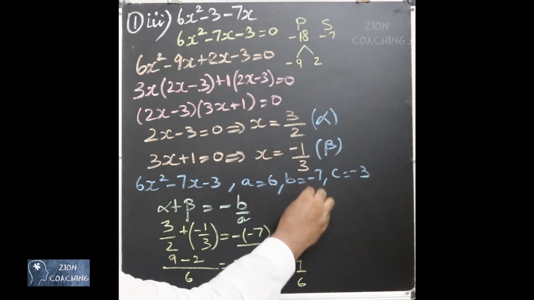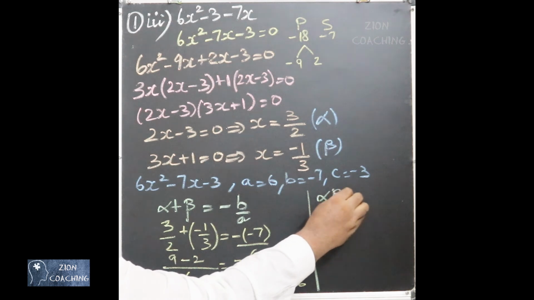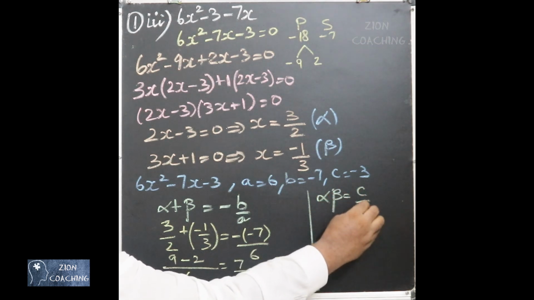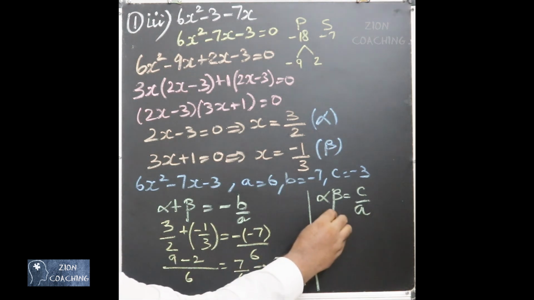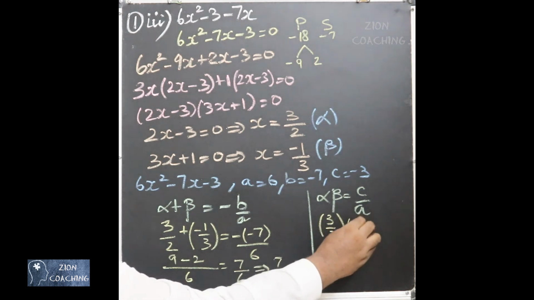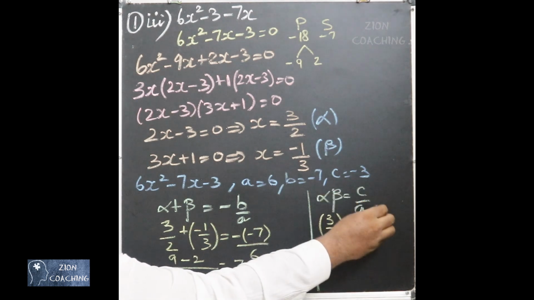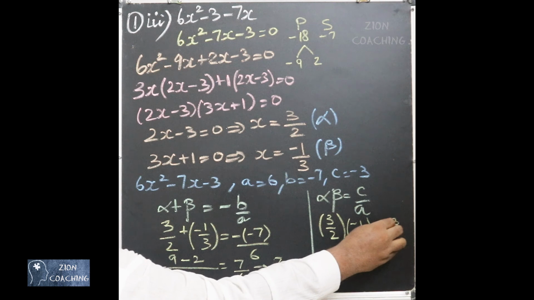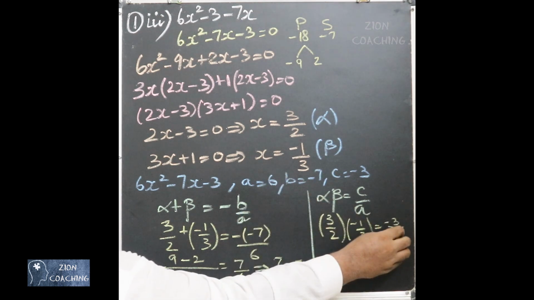Now we are going to verify the second relationship. We have alpha into beta is equal to c by a. The alpha value is 3 by 2 and the beta value is minus 1 by 3. That is equal to the c value, which is minus 3, divided by the a value, that is 6.